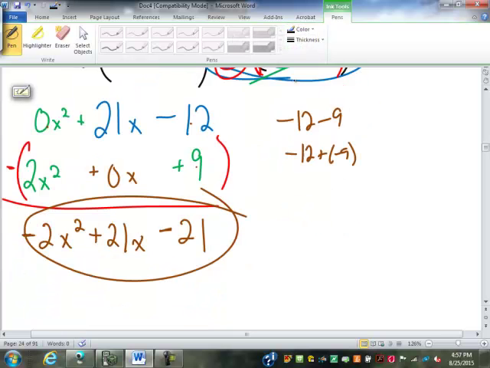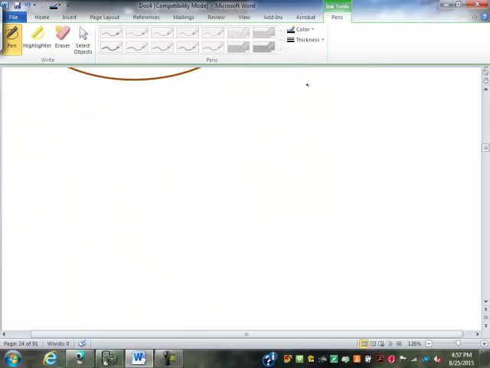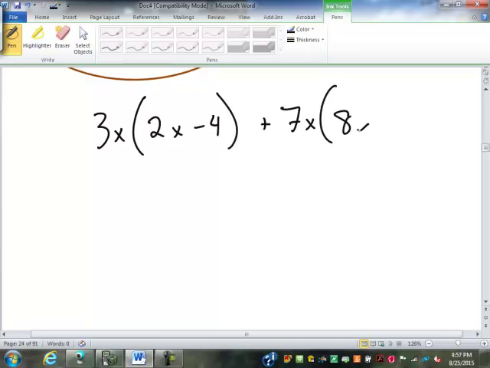All right. Well, we can keep going just a little bit further with this. We can look at something like this. Talk me through this. We're going to do this multiplication first. So 3x times 2x is 6x squared.